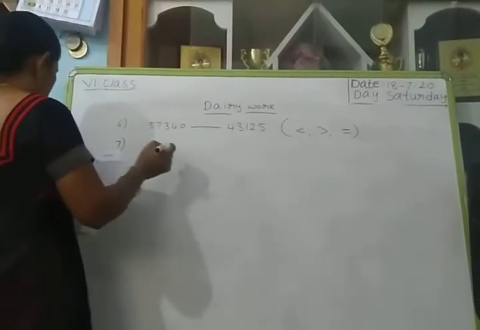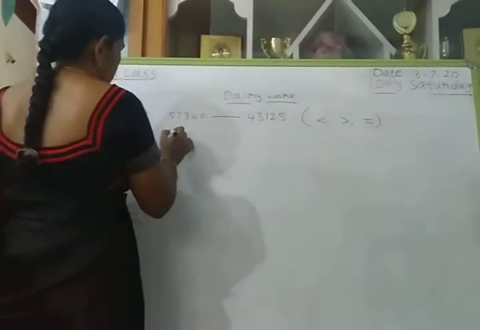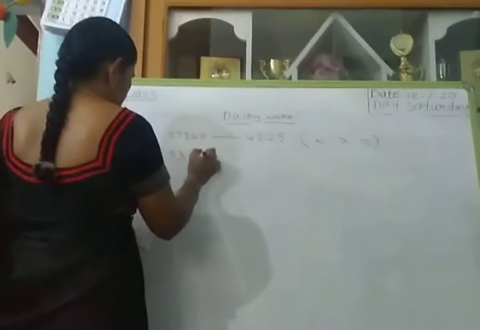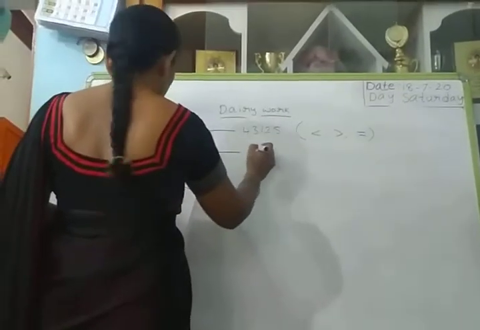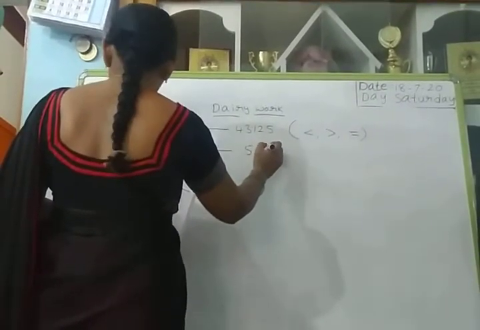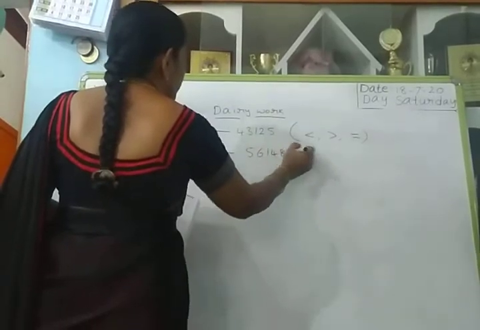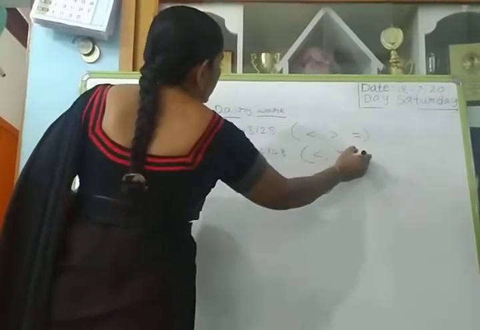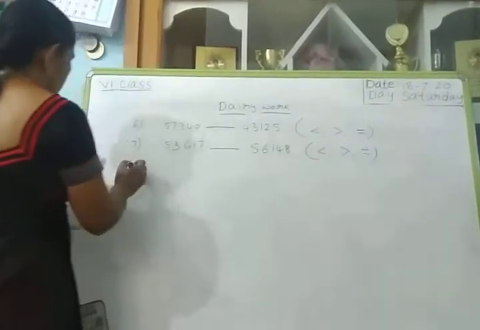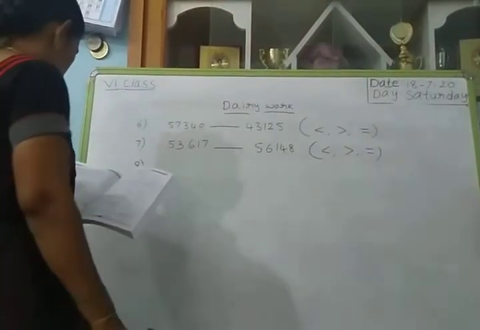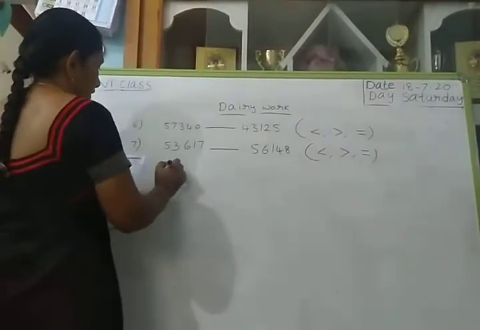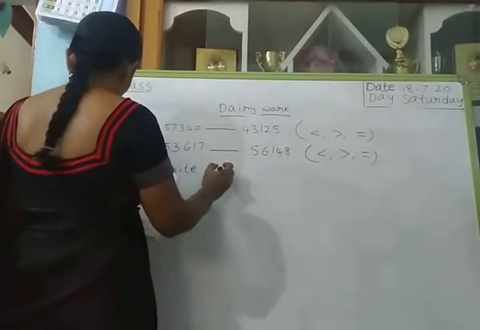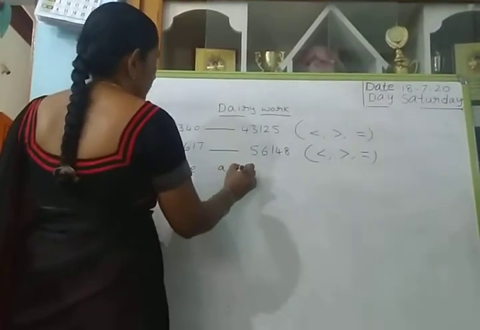Write in that blank. 7th one also. 53,617 dash 56,148. Same, use the less than, greater than or equal symbol.